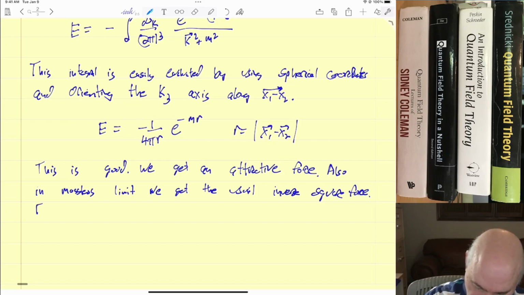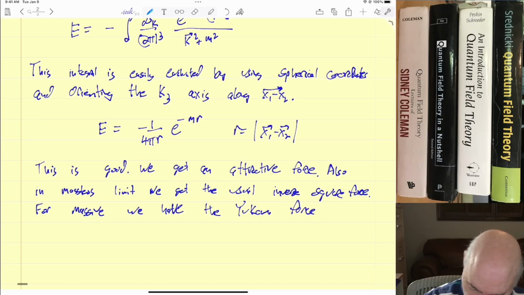For massive, we have the Yukawa force for mesons.